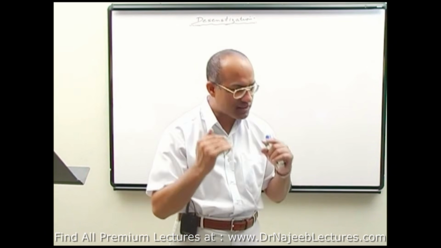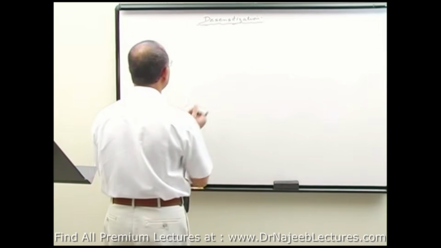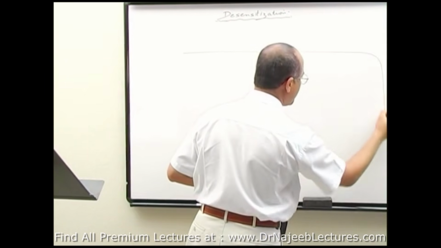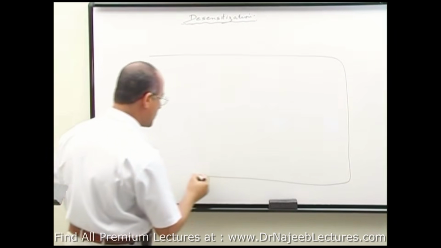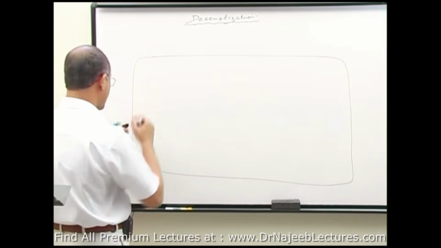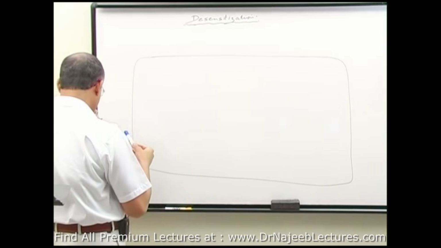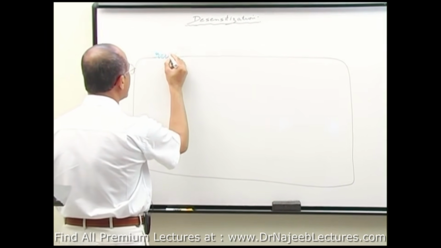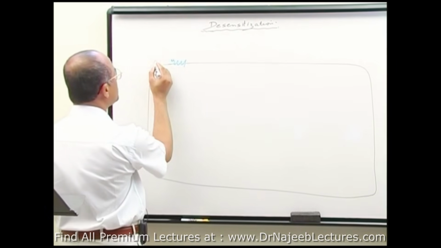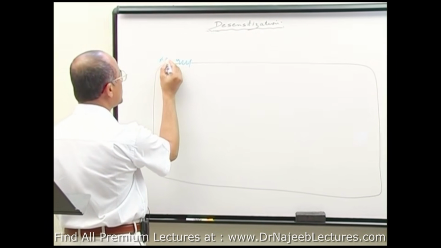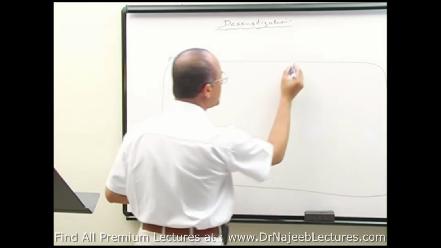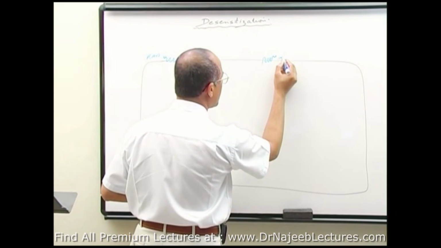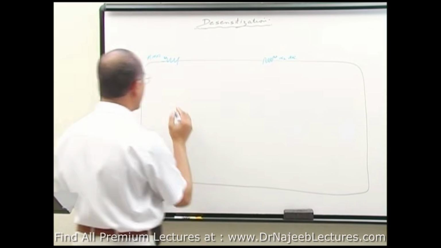Let me explain step by step. Let's suppose that here is a cell, and this cell has an adrenergic receptor. Let's suppose this is the beta 1 adrenergic receptor, and the same cell has one more receptor, which is called the alpha 2 adrenergic receptor.